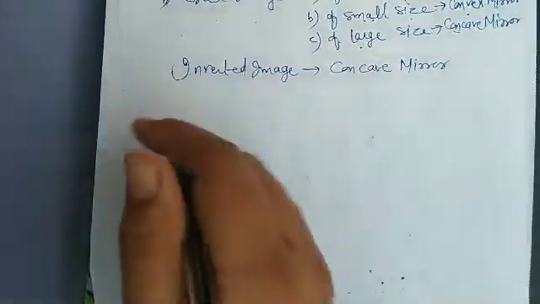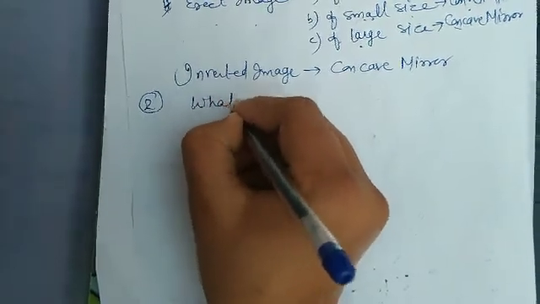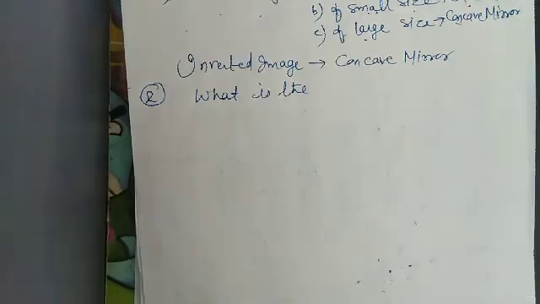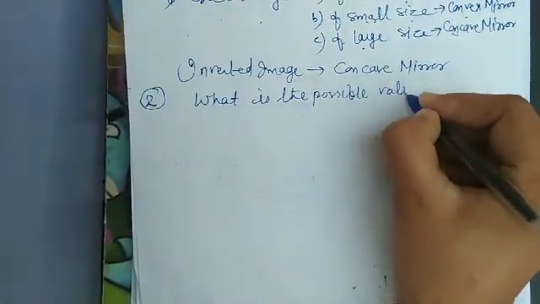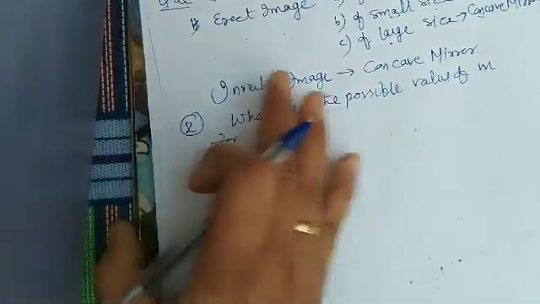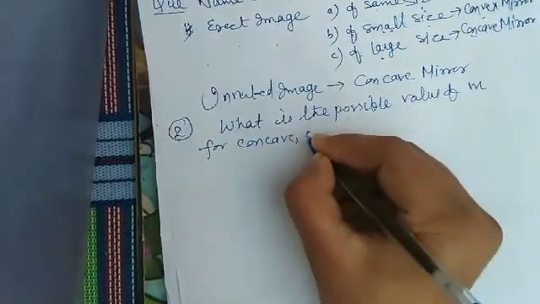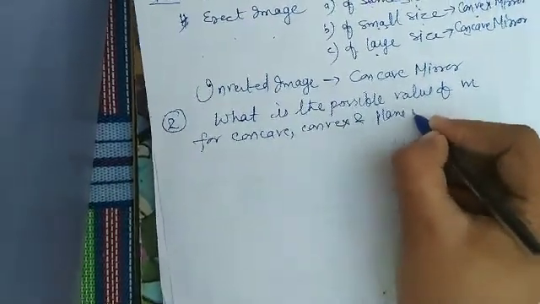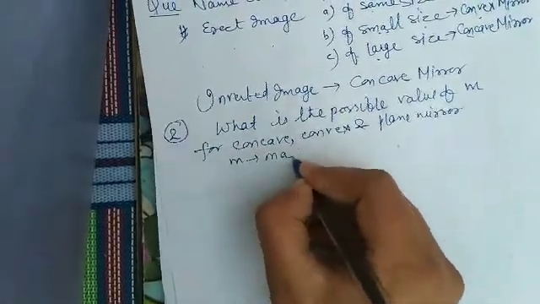Okay, now let's start second question. What is the possible value of m for concave, convex and plane mirror, where m means magnification?